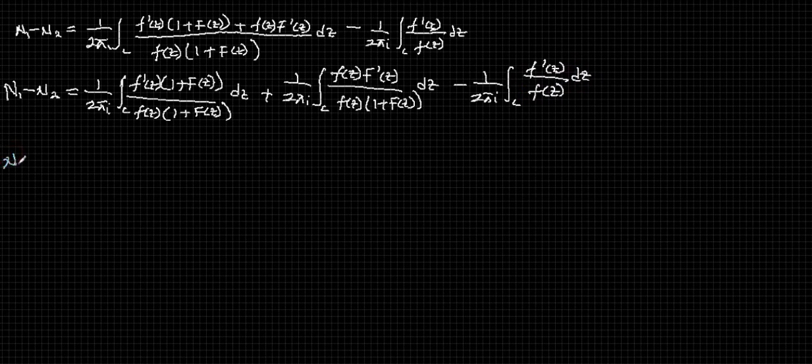So n1 minus n2 will be equal to 1 over 2 pi i integral.